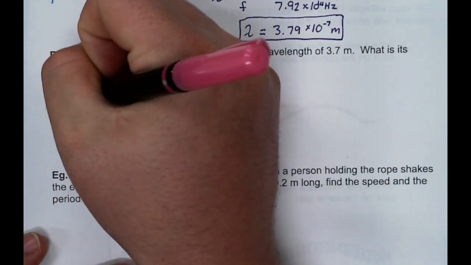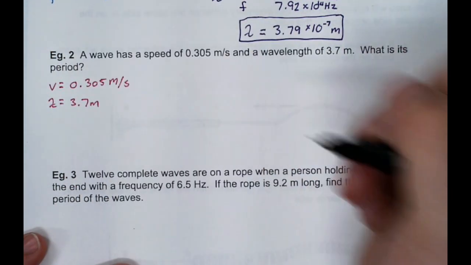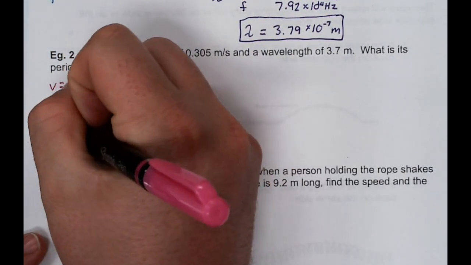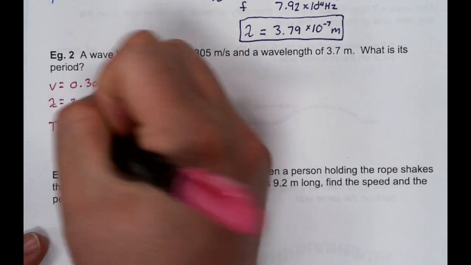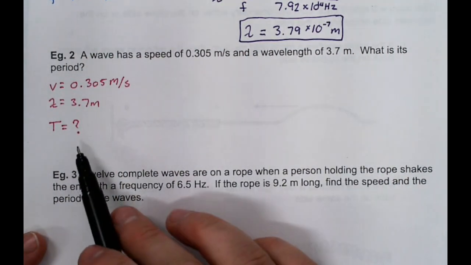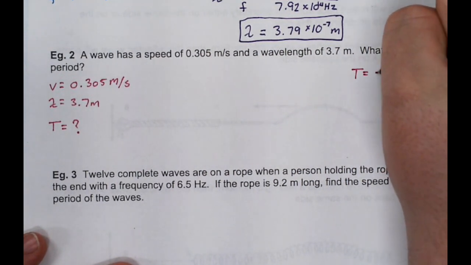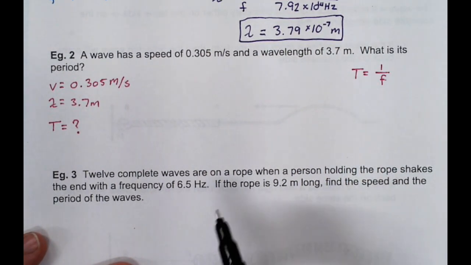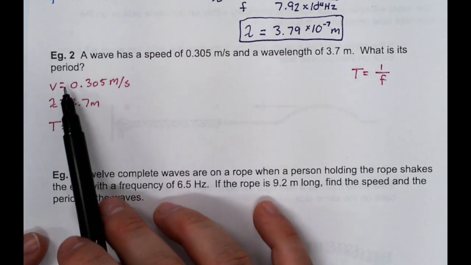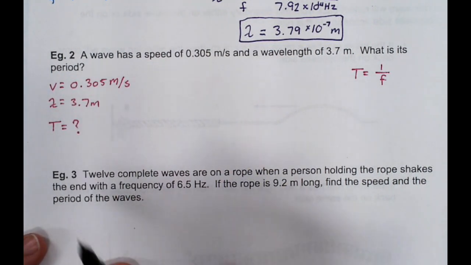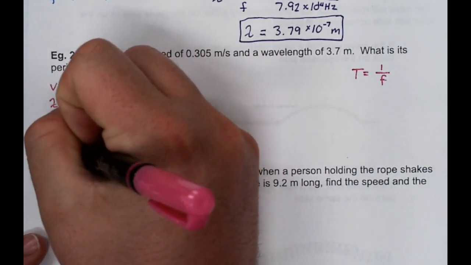Wavelength is equal to 3.7 meters, and we want to solve for the period. So remember, the period is equal to 1 over the frequency. We can use this information and the universal wave equation to find the frequency.